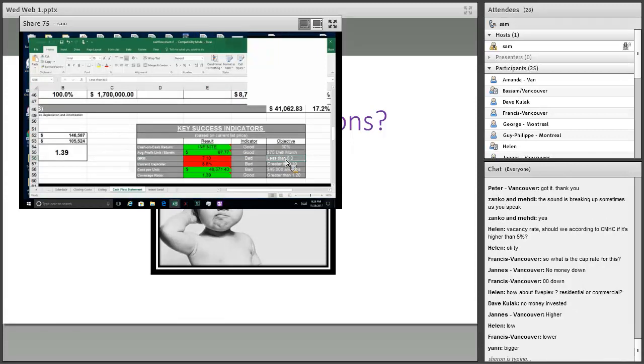Okay, we want it to be lower, and this is why. We want the GRM to be lower because a lower number tells us that the rent, when we accumulate it over a year, divides into the value of the property fewer times.